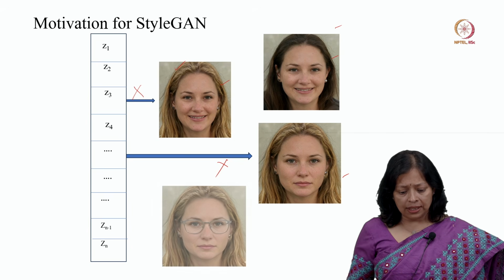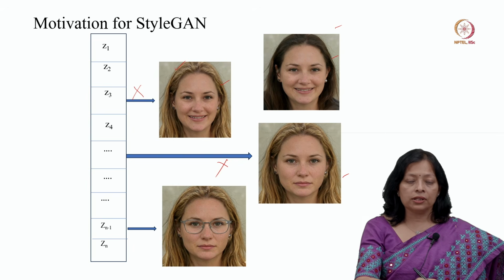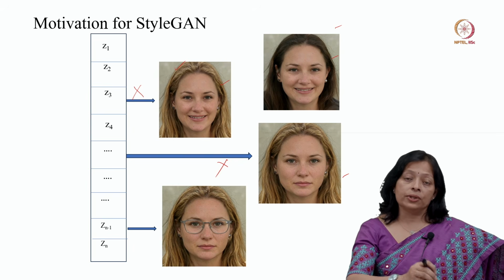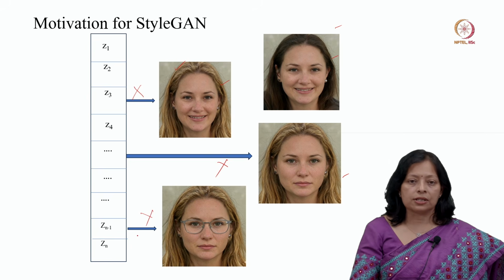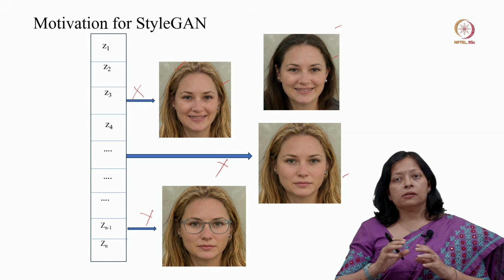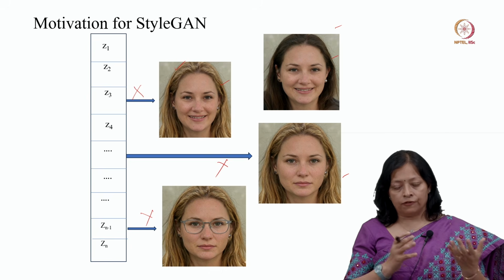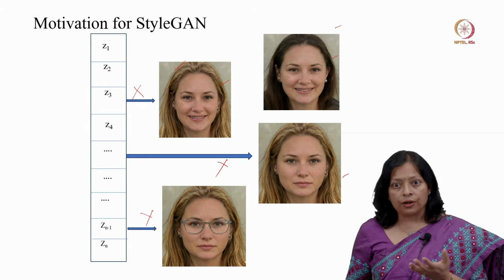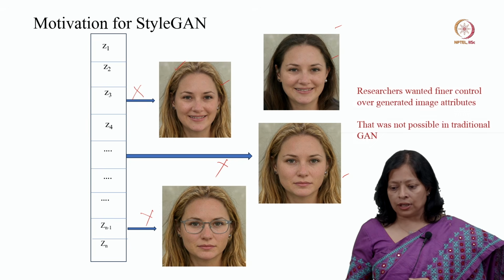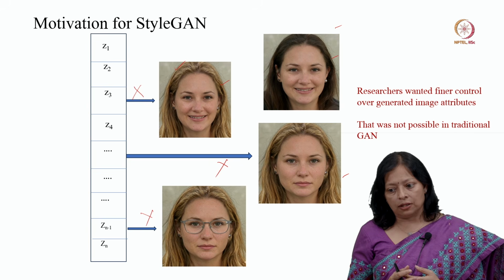Similarly, if I want to have specs, can I match it with one of the latent variables? Can I change that one and the specs will come? No, it is not possible. So, in traditional GANs, control over the style of the face, facial expressions or the finer details is not there. Researchers wanted finer control over the generated image attributes.